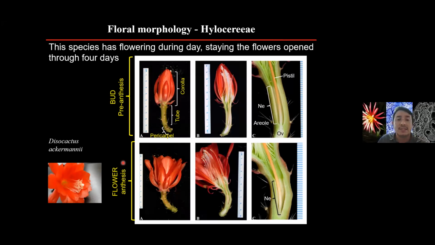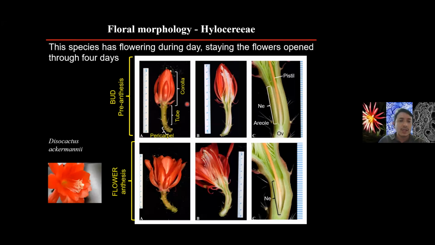It's one of few species in Hylocereeae that has flowers in color, a beautiful red color, and that has the anthesis during the day. Most species from Hylocereeae are queens of the night, and the anthesis lasts only one night.